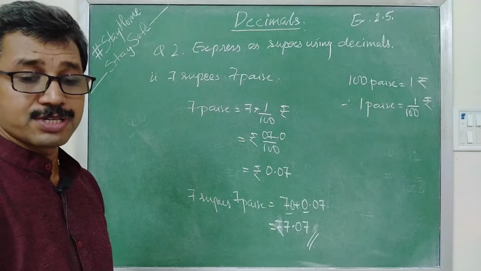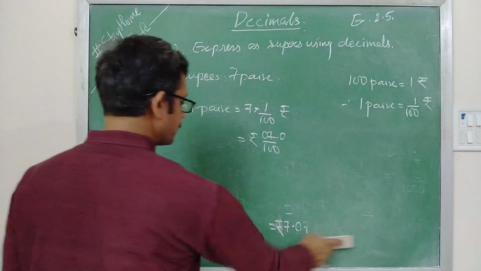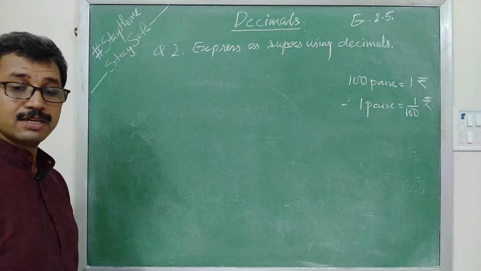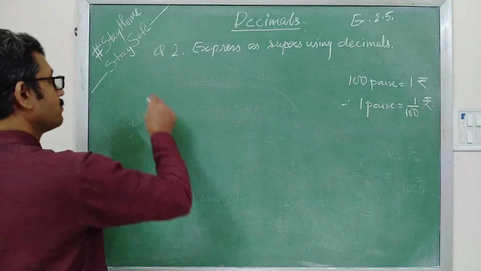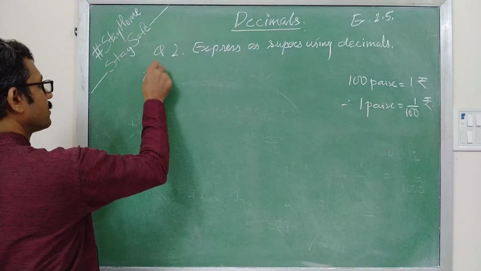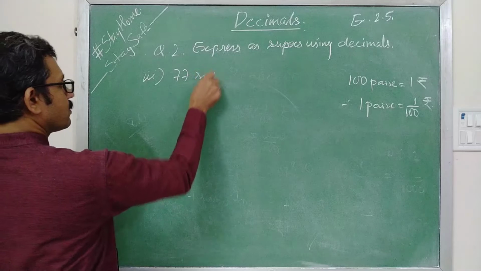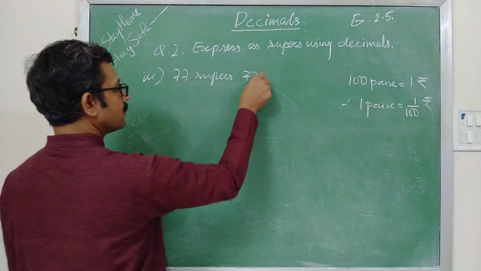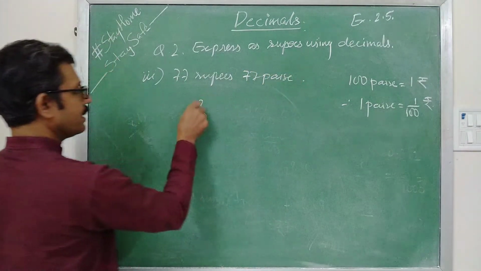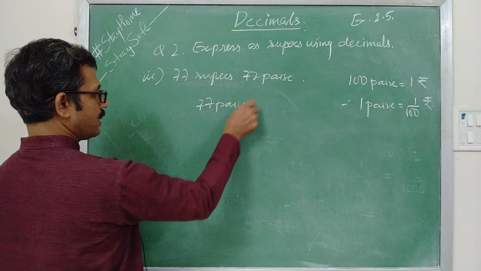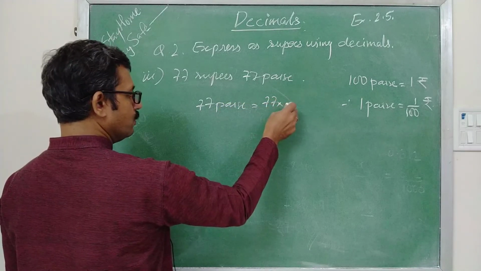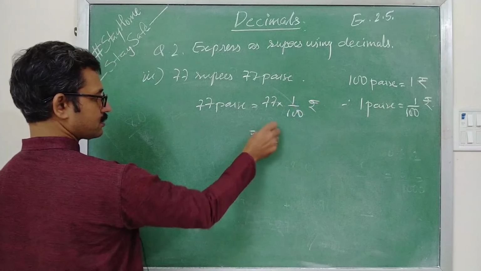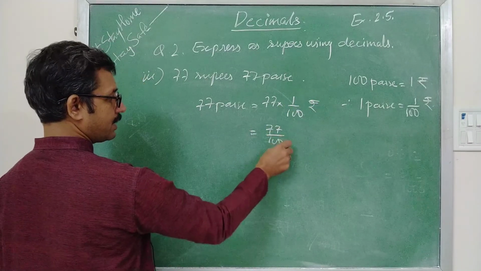Next question then, the third one. The third one you can also do the same way. The third one is 77 rupees and 77 paise. Now again here it is 77 paise. What is 77 into 1 upon 100 rupees? That is 77 upon 100 rupees.